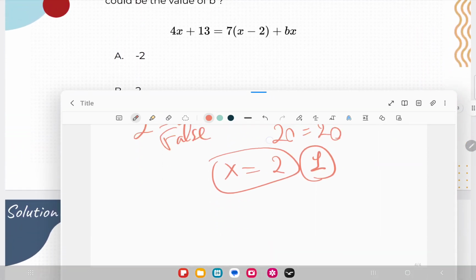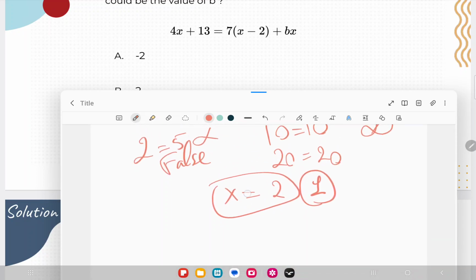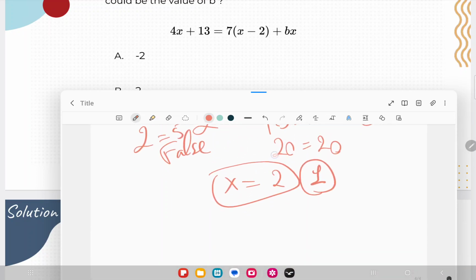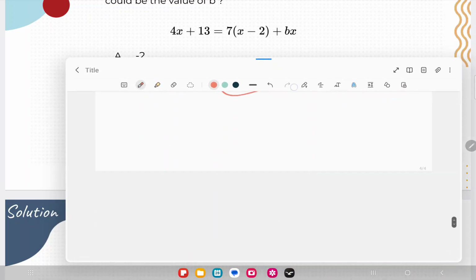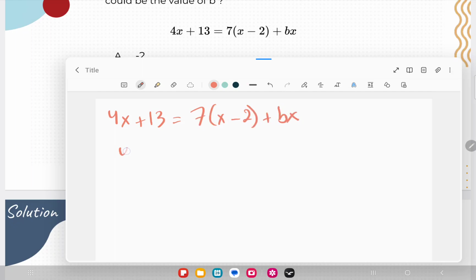Let's go back here. So over here we have 4x plus 13 is equal to 7x minus 2 plus bx. So 4x plus 13 is equal to 7x minus 14 plus bx.